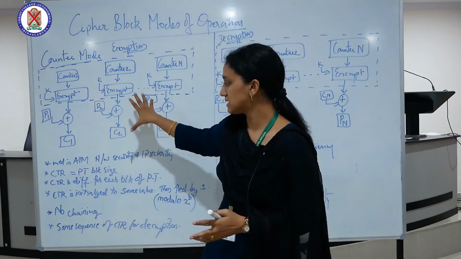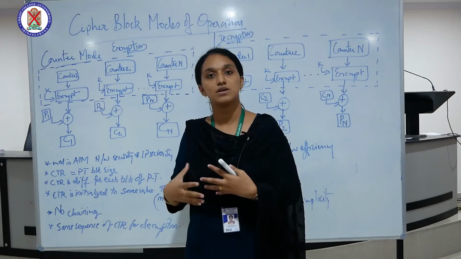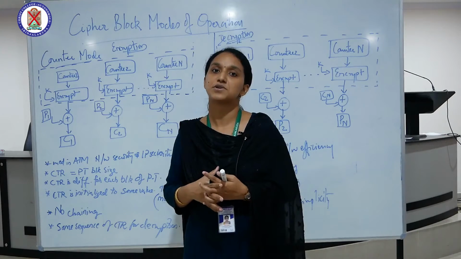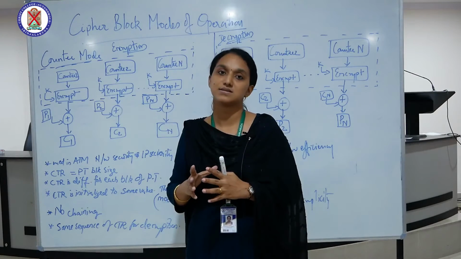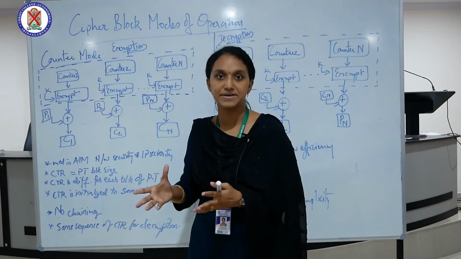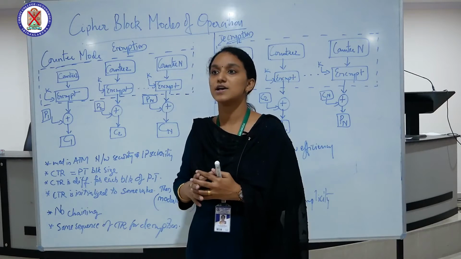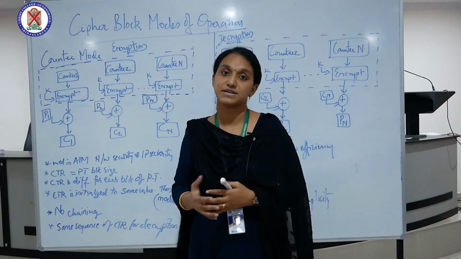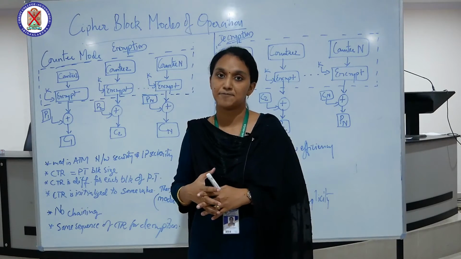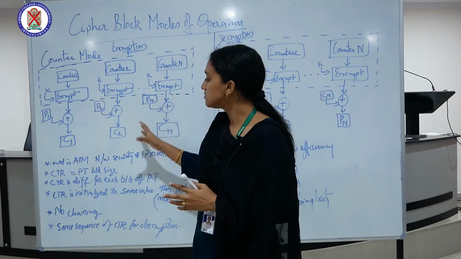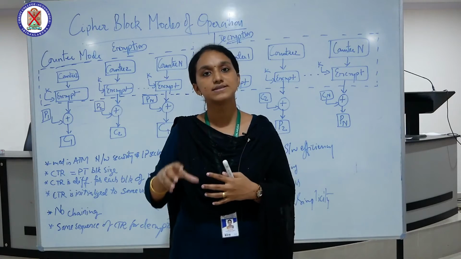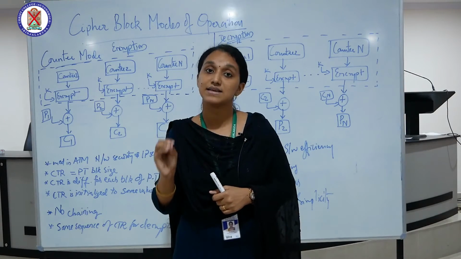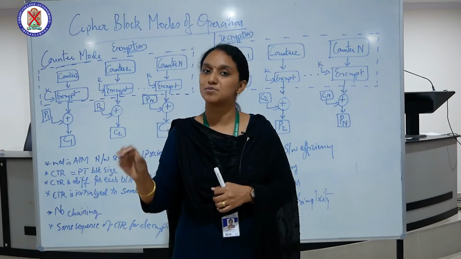Counter mode is actually a much more advanced type of mode of operation, and it is mainly used in asynchronous transfer mode, ATM, for its security, and also for IP security, internet protocol security. The counter size used for this mode is equal to the plaintext block size.